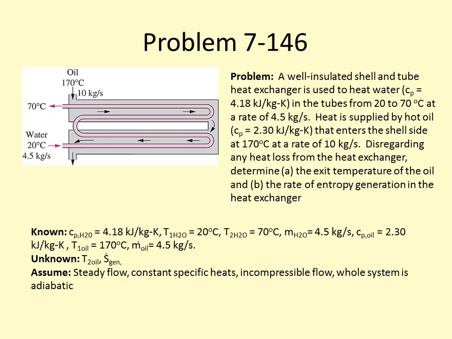So let's just start writing out these terms. We have the mass flow of the oil times the entropy in of the oil plus the mass flow of the water times the entropy in of the water minus the mass flow of the oil times the entropy out of the oil minus the mass flow of the water times the entropy out of the water plus S dot gen is equal to 0.